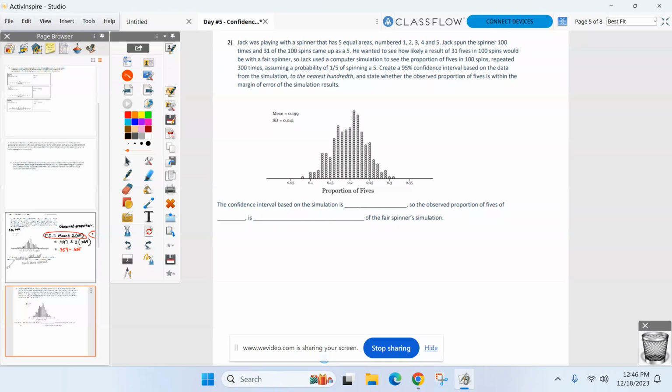All right, so my observed proportion. How do I calculate that here? What did he do? He did 31 out of 100, right? So his observed proportion, 0.31.